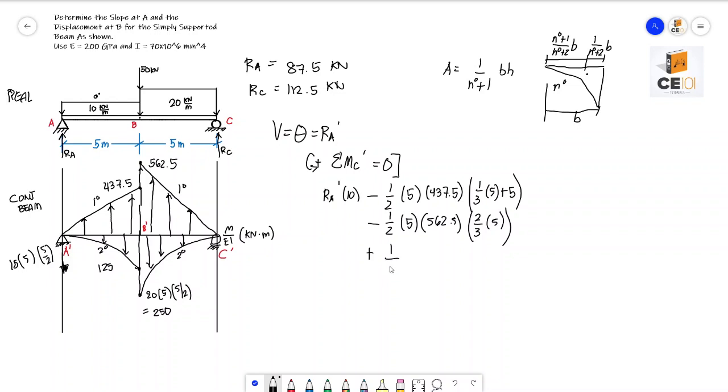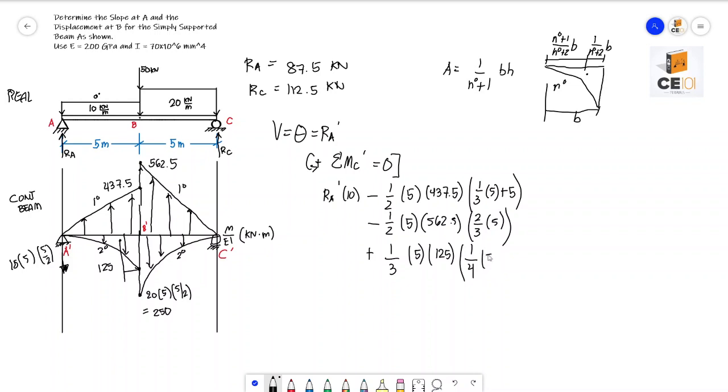So 1 over 3 times yung base, 5 times yung height, 125 times yung moment arm niya papuntang C. So since ito is yung 1/3 part, o yung kunwari sa triangle 1/3 part, ito naman yung 1 over nth degree plus 2. So 1 over 2 plus 2, 1/4 times yung base.